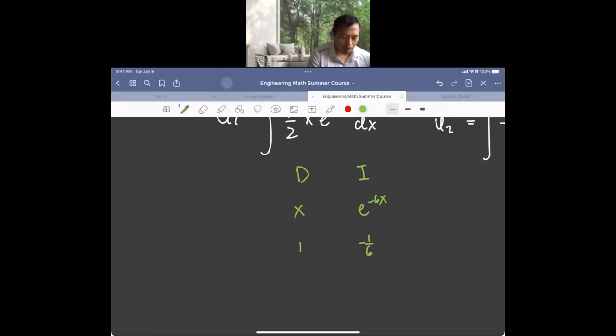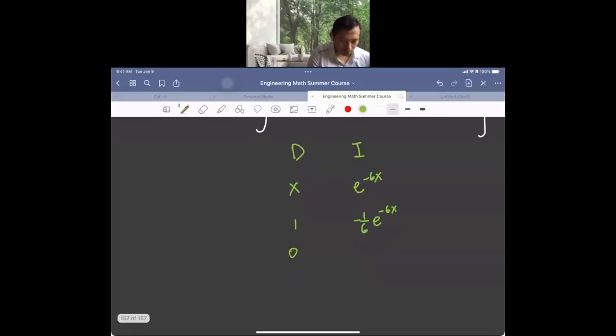Differentiate x, 1, this will be negative 1 over 6 e negative 6x, and then 0, and one more time.